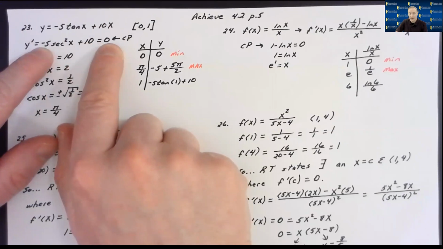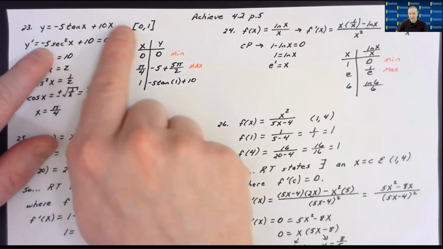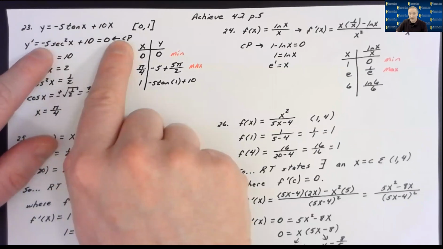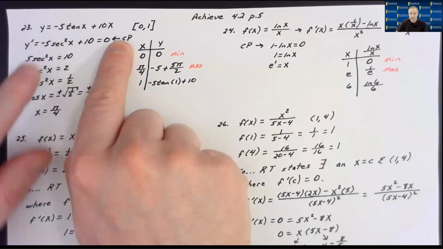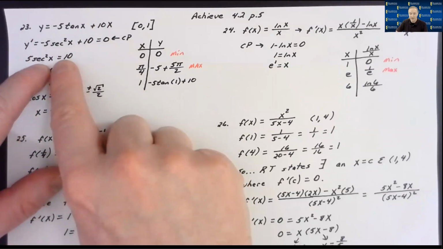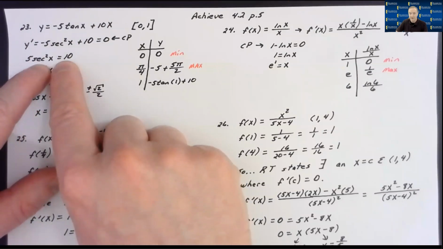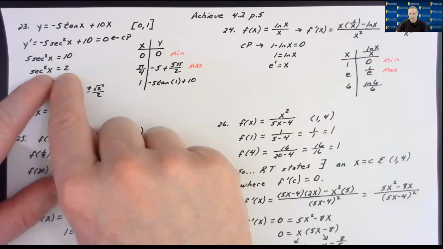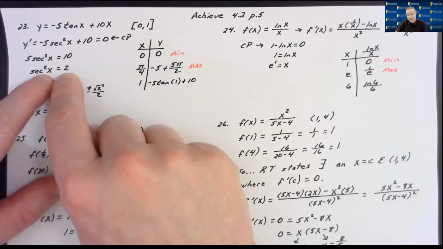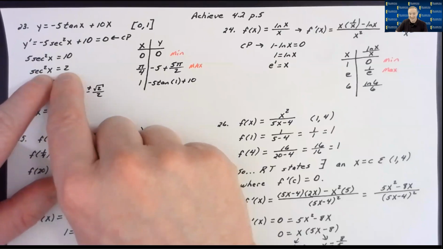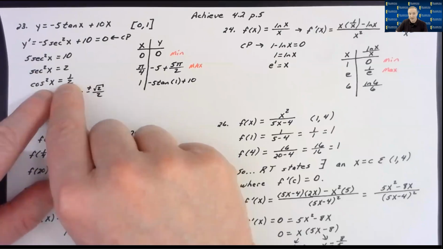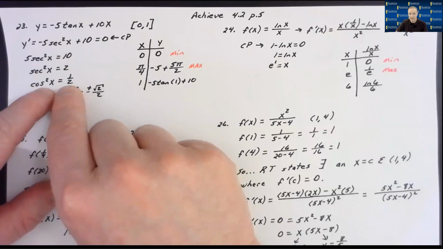When I do that, I can say, well, if I move the 5 secant squared x to the other side, it's going to be a positive 5 secant squared x. So I'd have 5 secant squared x is equal to 10. Divide by 5 on each side, secant squared x is 2. Myself, I would rather think of this in terms of cosine. So as soon as I get secant all by itself, I take the reciprocal of both sides.